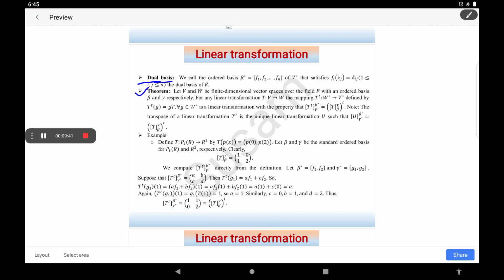Another theorem, what does it say? Let V and W be finite dimensional vector spaces over the field F with ordered bases beta and gamma.